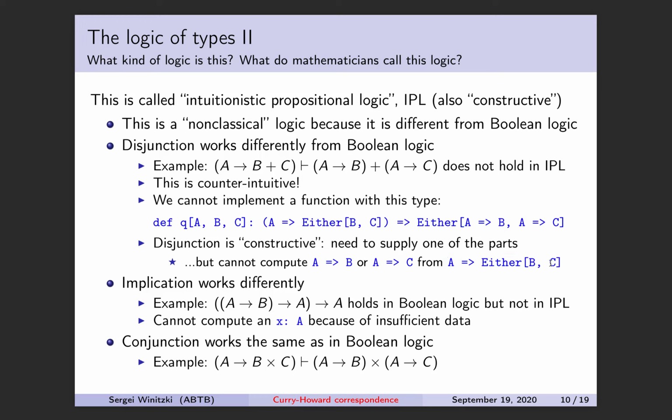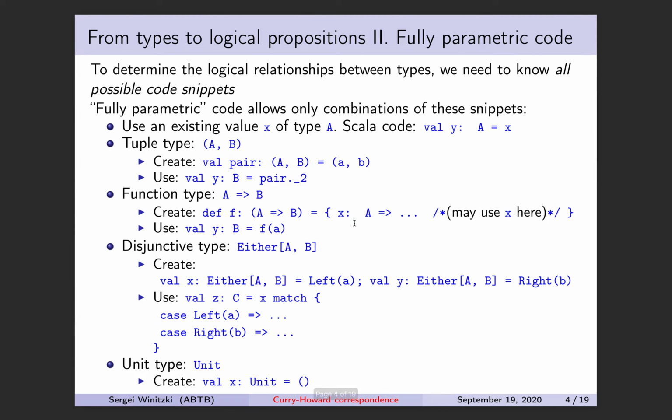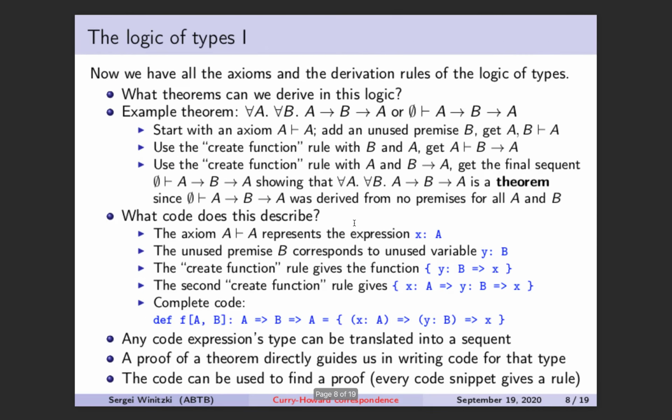What if this returns C for some values of A? And you cannot find out if it returns always B. It's impossible to find that out. There's no way, no code you can write that determines whether this function always returns a left of B. So none of the allowed code snippets here allow you to make that determination.